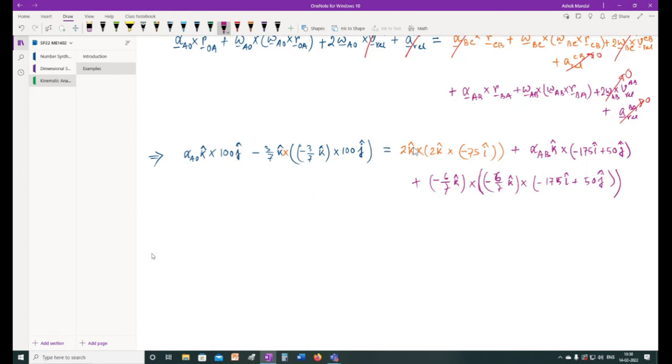Now can somebody tell me one by one these quantities, starting from the first, what we will get?